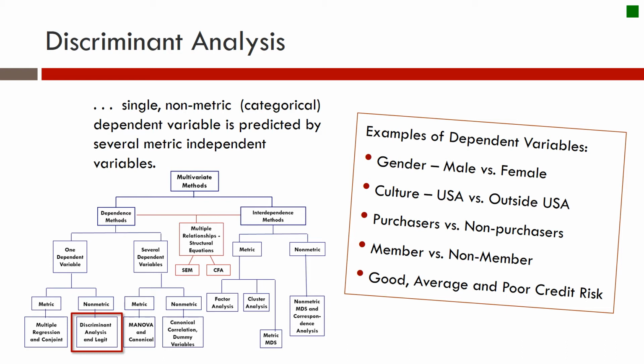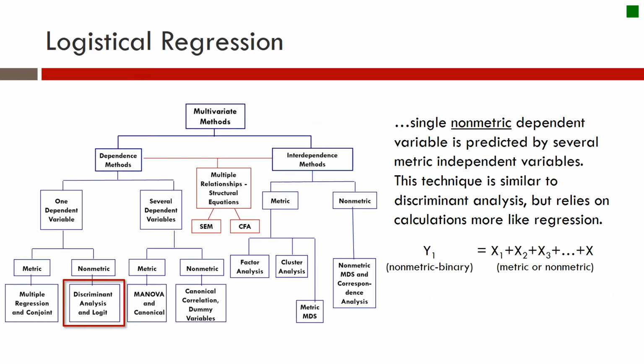So we use a set of discriminant analysis methods to analyze that type of relationship. Here are other examples of variables that we think are influential here: maybe credit risk, maybe cultural issues, and things like that.